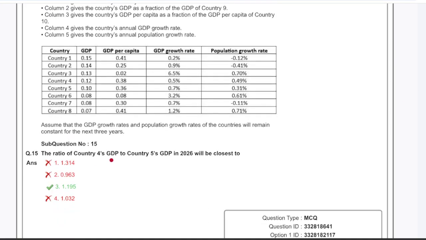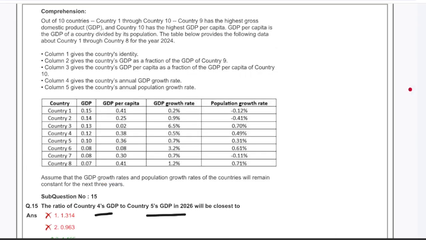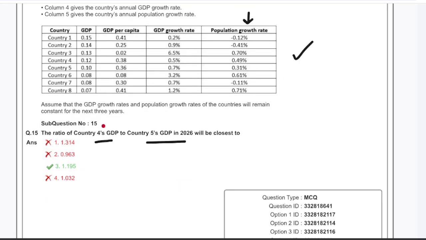The next question which we have: the ratio of country 4's GDP to country 5's GDP in 2026 will be closest to what? Now country 4 GDP is 0.12. That is in 2024. It was given to us here. Data is of 2024 and the growth rate has been given to us. So for country 4, the GDP is 0.12 in 2024 multiplied by, the GDP growth rate, 0.5%.